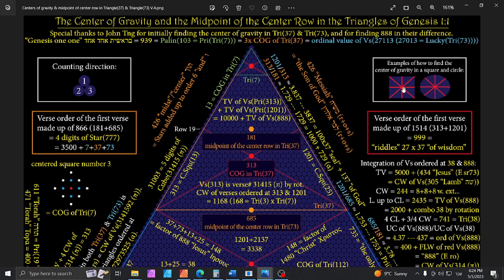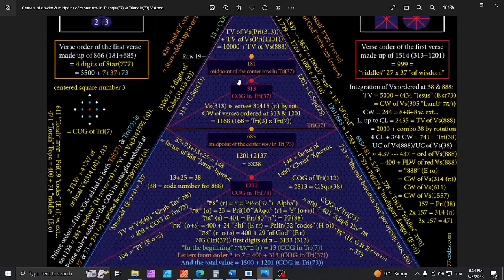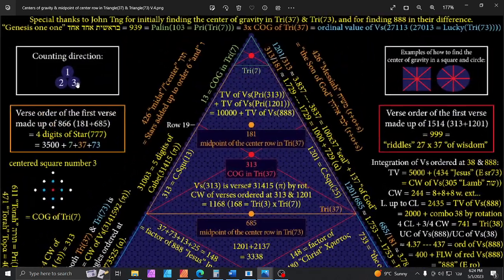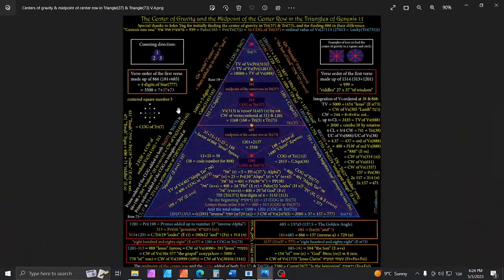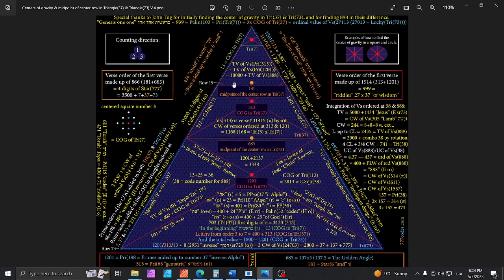The concept of center of gravity is seen here. This is how you find a center of gravity in a square, and this is how you find a center of gravity in a circle. It's pretty simple. So when we count, this is triangle number 73, like we saw in the previous image.